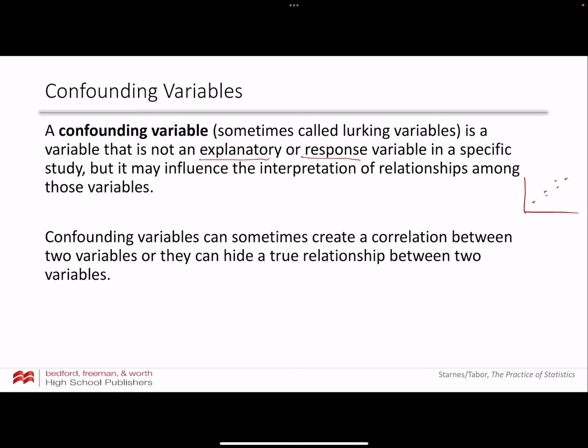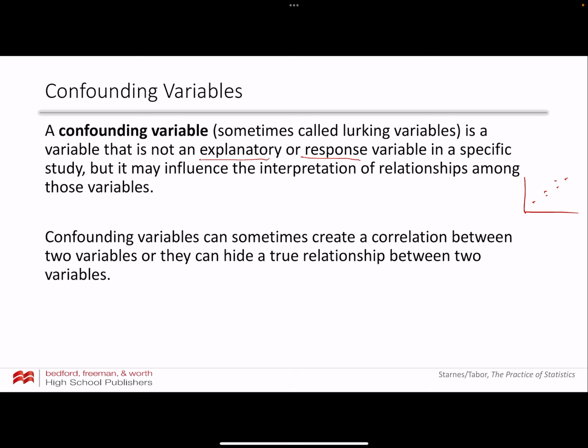The weather is probably going to be a better predictor of how many ice cream cones are sold and how many people are at the beach. But even when I take that variable out, the weather, I still see probably a strong positive relationship between those two things. In almost every situation, you can come up with at least one or two or three confounding variables, and you might be asked to do that.